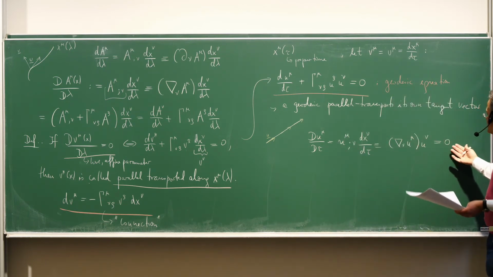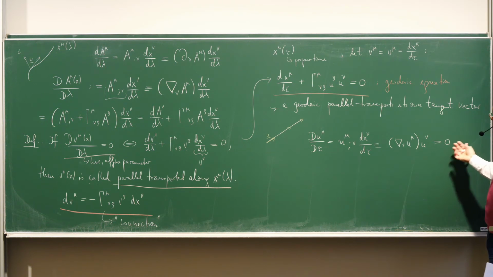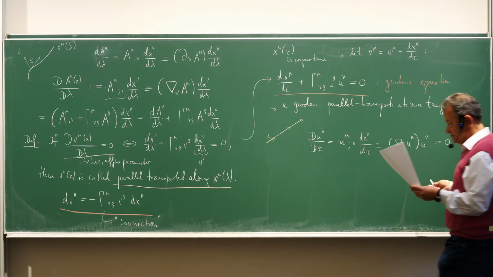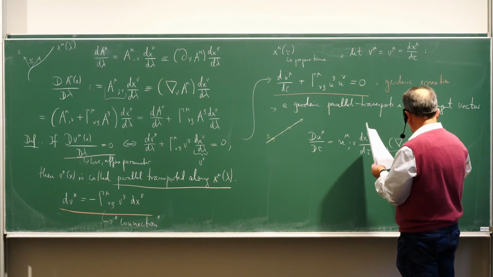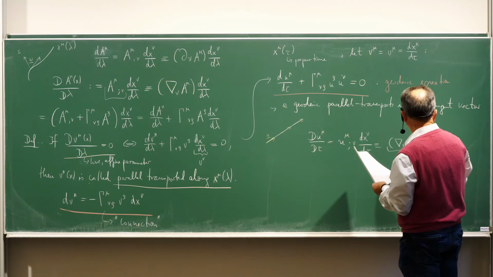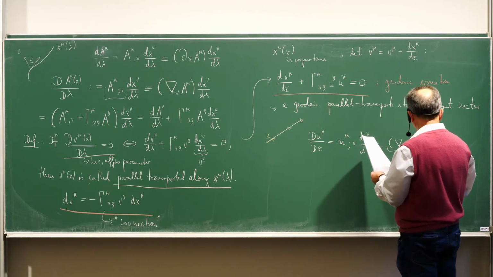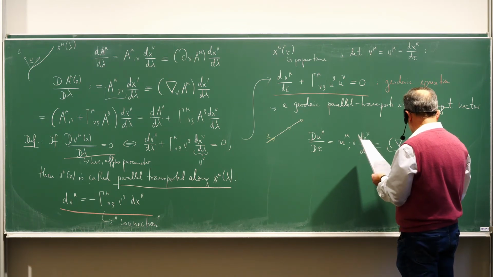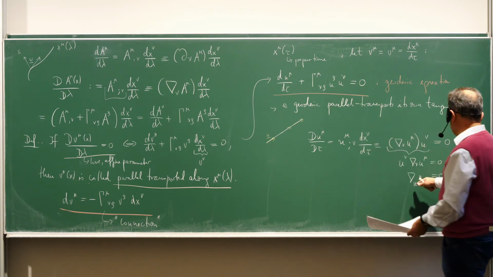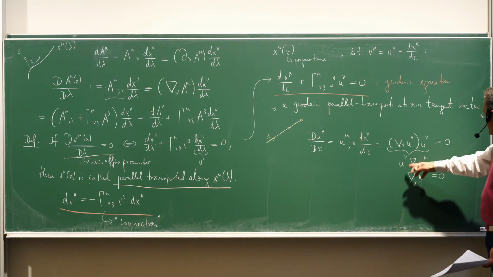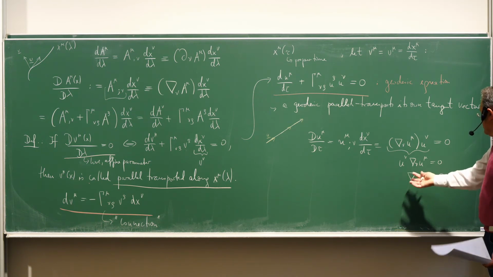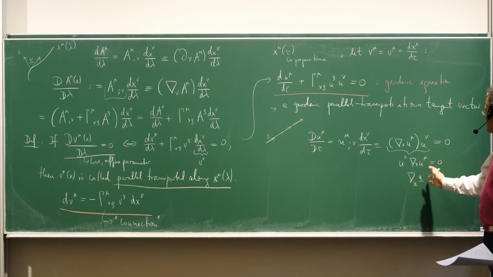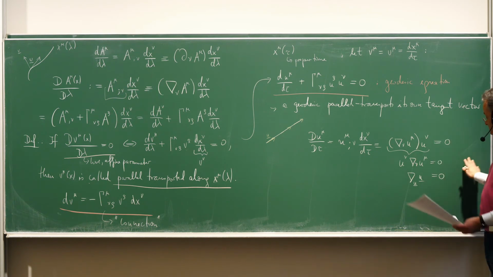But this is the geodesic equation, just written with the covariant derivative. Some people also write it just as nabla u equals 0. So the notation means this is defined by this expression, the covariant derivative of the tangent vector along the curve.